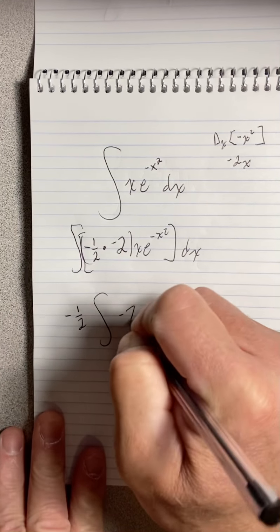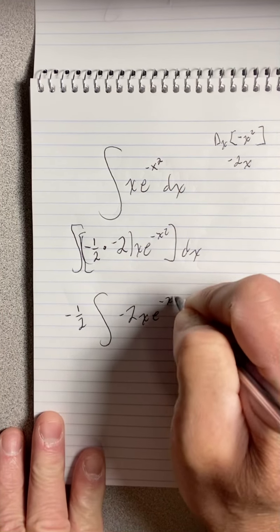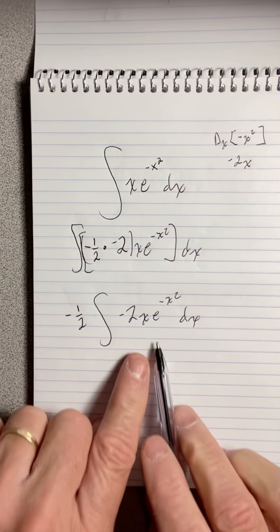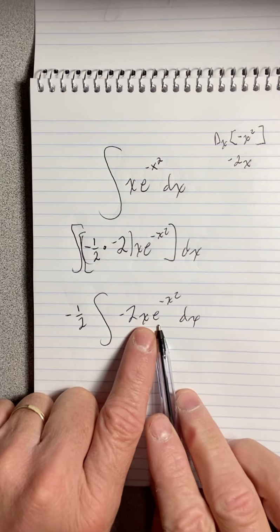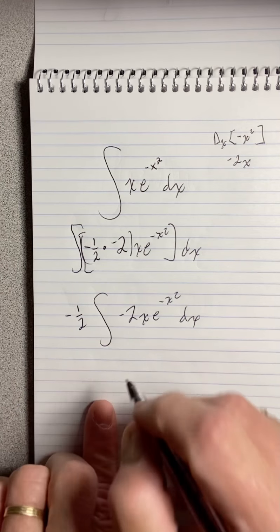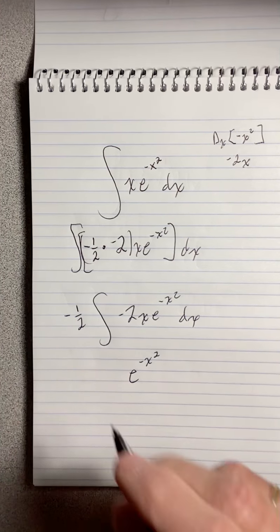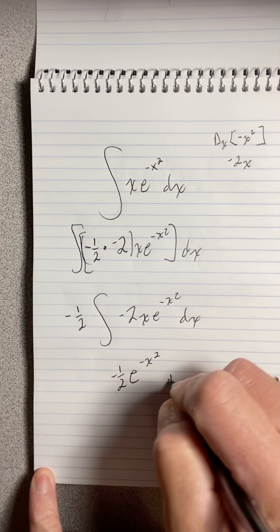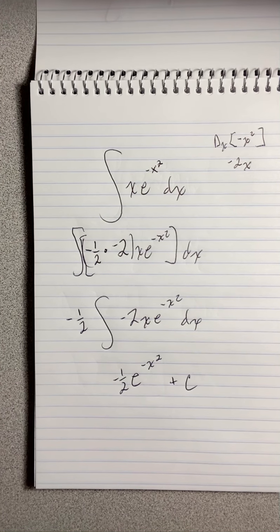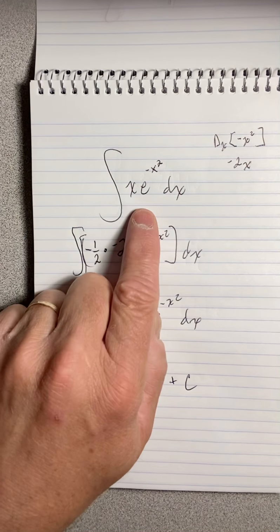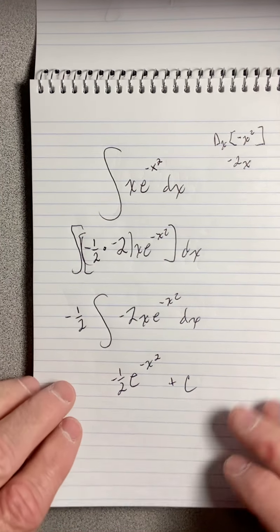So I'm integrating negative 2x e to the negative x squared, and the reverse chain rule applies. There's the original function, there's the derivative of the exponent, so I just get the original function. And this is sitting out here, so that's there, and then your plus c. And that's how you use the reverse chain rule to integrate a function that has e to the function in it.